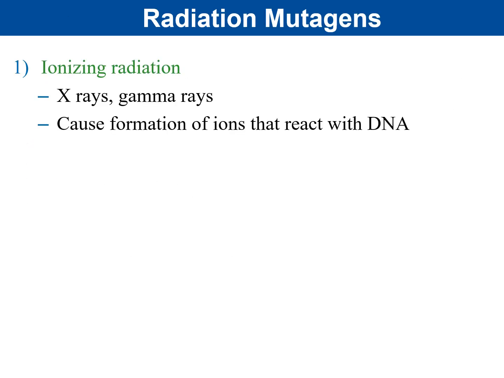All right, moving on. Let's look at the specific examples of mutagens. Ionizing radiation. Now, this would be an example of how a mutagen, which will then mutate the DNA, does not have to necessarily be a chemical per se.